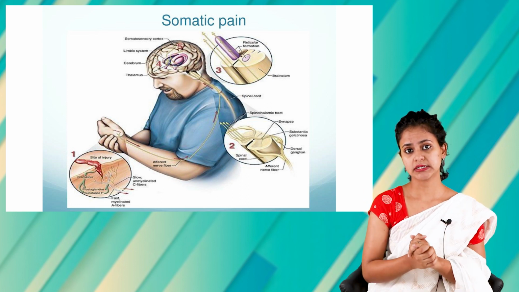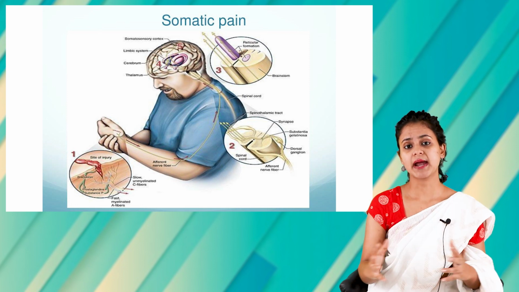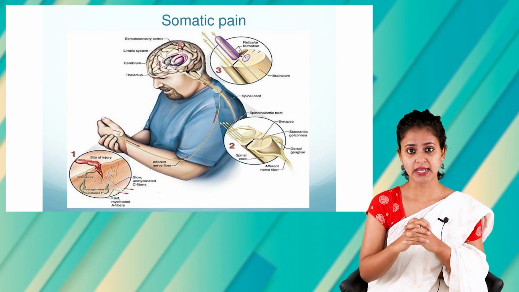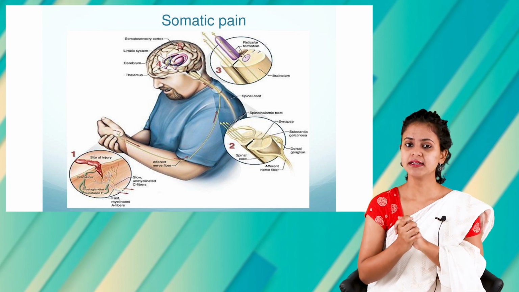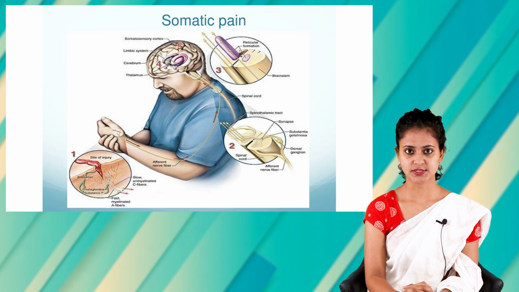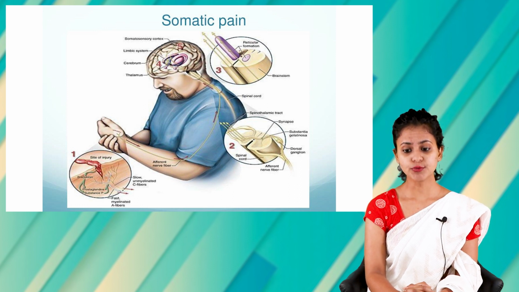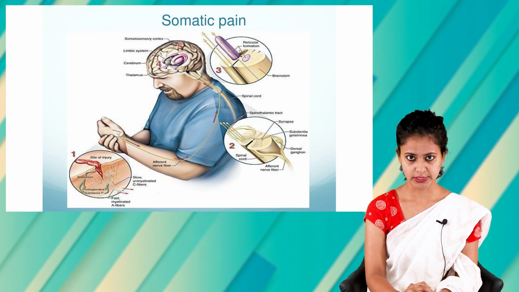Now, first we're going to learn the types of somatic pain. Here in somatic pain, we are going to classify this pain into two: superficial pain and deep pain. In somatic pain, superficial pain will be experienced by a client if there is any damage or injury over the skin, mucous membrane and subcutaneous tissues of the body.